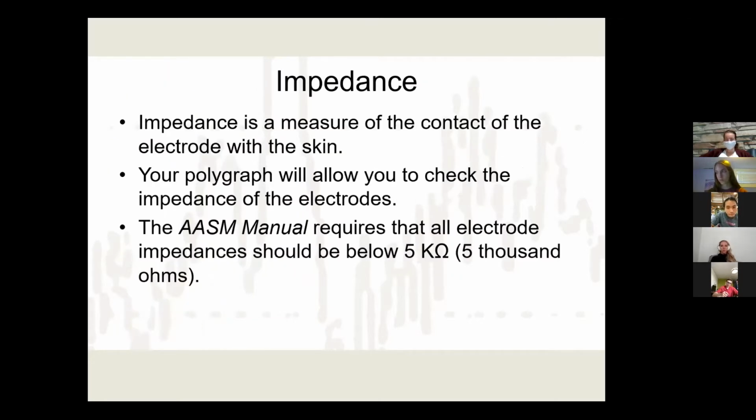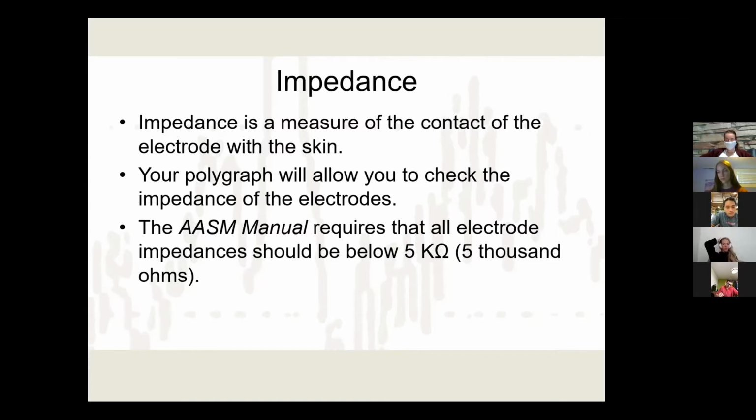So impedances: an impedance is a measure of the contact between the electrode and the skin. And our goal is to make the impedances as low as possible. Right after you do a hookup, one of the first things that you're going to do is turn on the PSG computer and go check your impedances to make sure they're all low, because a low impedance will mean that your recording will be easily interpretable.